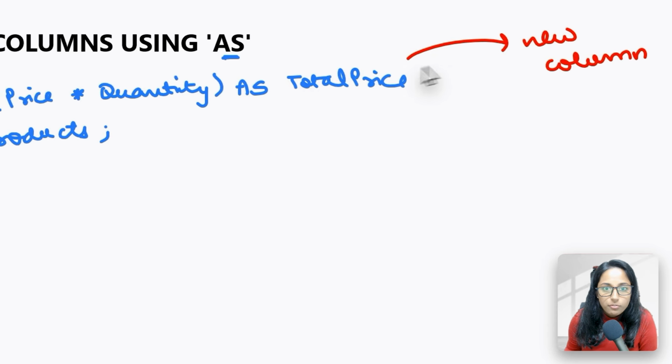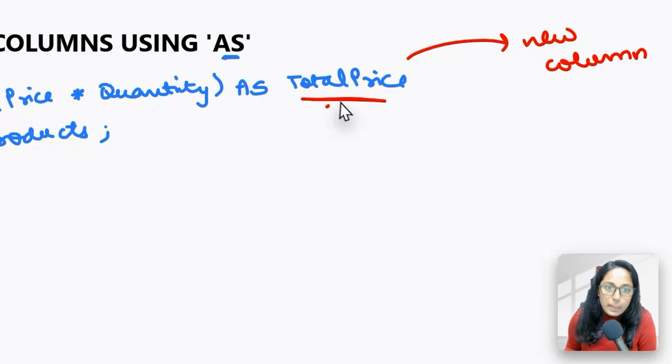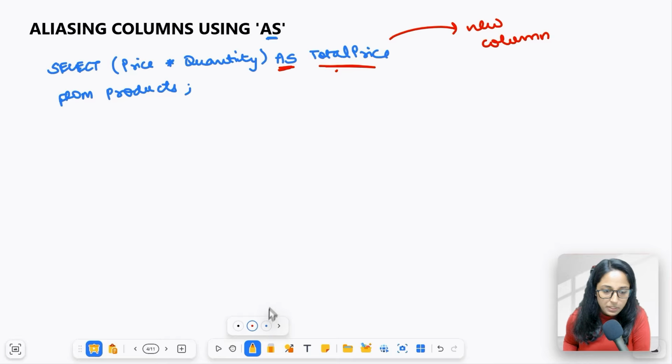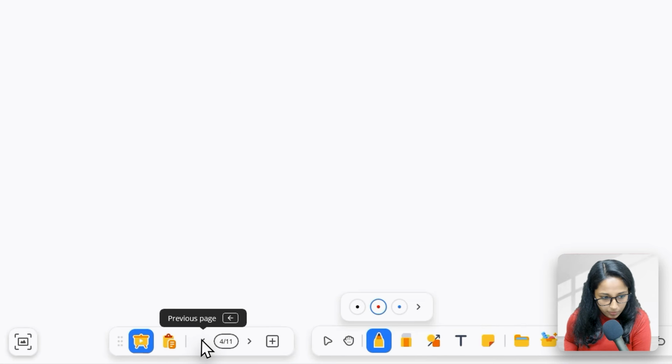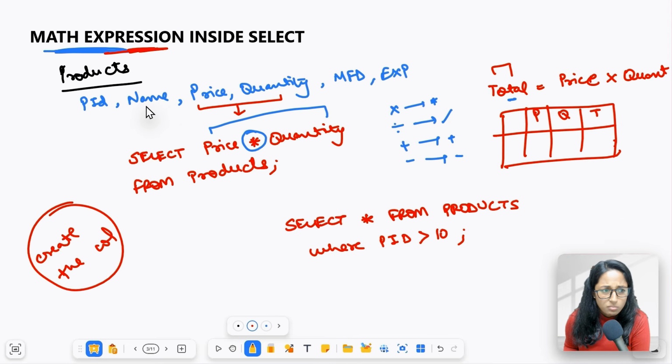Earlier the table did not have this, but we were able to create a new column using the as keyword. Similarly, with reference to our previous table, if you say that I don't want it as name, but I want to change it to customer name, or product name, this is the product, right?